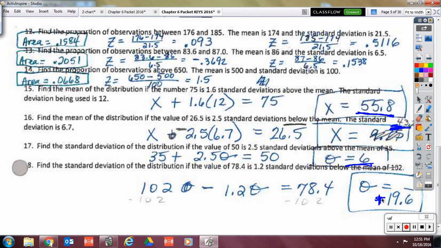Yes? Okay, good question. Yeah, I had that there. You can see I had a mistake, 9.75, and that's wrong because the z-score is 2.5 standard deviations below.